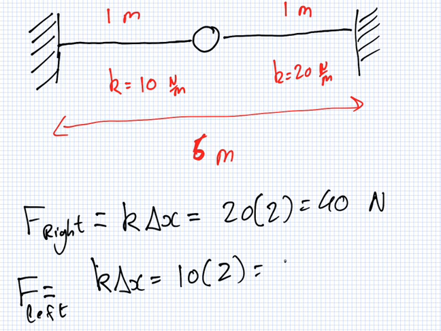So this here is 20. So if you look at the ball, there are 40 newtons this way, and then there are 20 newtons this way. So in total, how many newtons to the right? 20 newtons in total to the right.